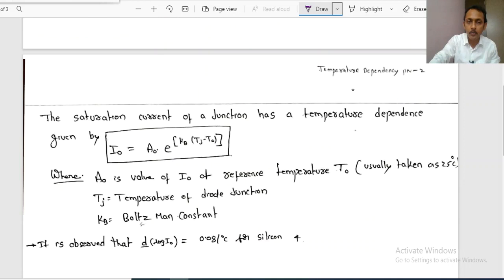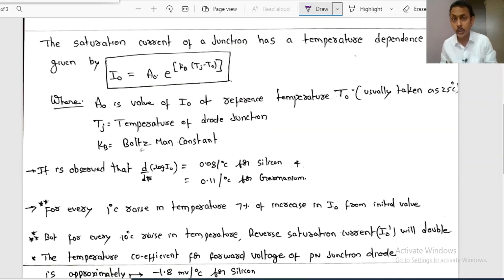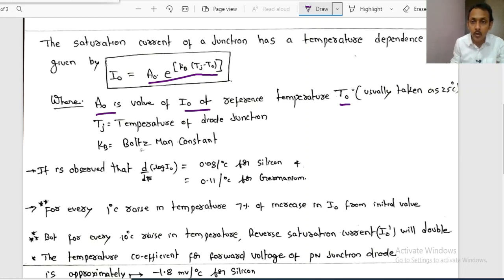Or you can also observe that the saturation current of the junction has a temperature dependency given by I naught equals A naught e power kb bracket of Tg minus T naught. What does it mean? A naught again is the value of I naught at some reference temperature T naught.